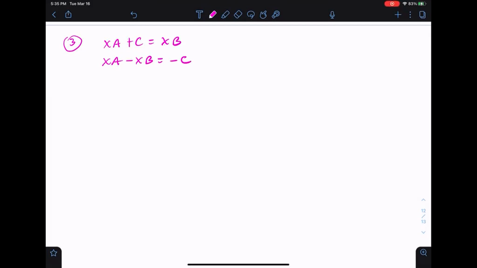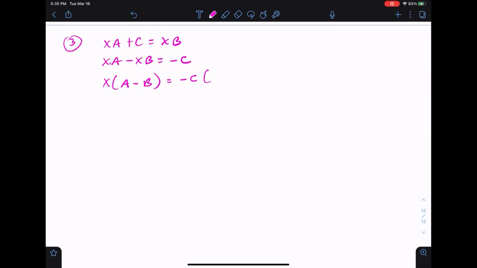So let's see what we can do. Here we can do X times (A minus B), right? I'm factoring to the right. So this is -C. If I do the inverse, I have to do it to the right as well.